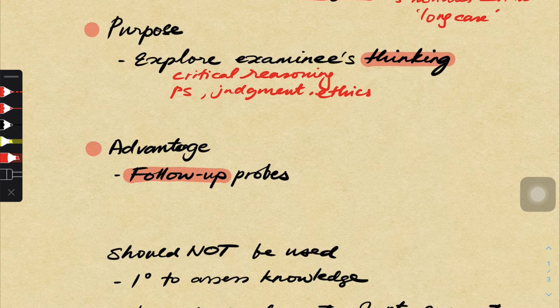That is when we can really probe and dig and know about their critical reasoning, their problem solving, their judgment, and their ethics. The thinking process that goes behind. We can't do that, or it's difficult to do that, if we use paper-based examinations. We cannot call the candidate for another session and ask, can you elaborate on this question?